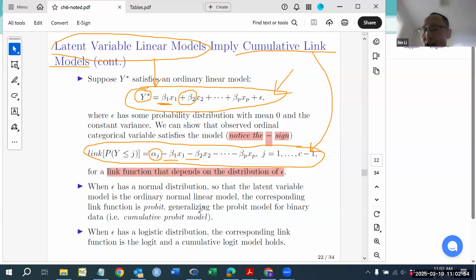Some of you may be curious about why there's such a sign flip.